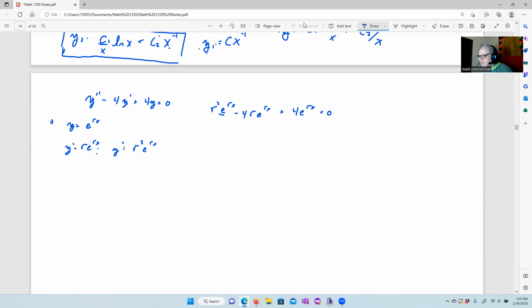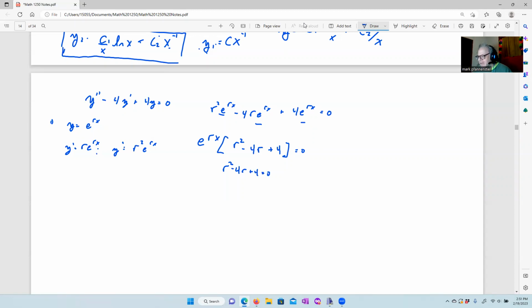We factor out the e to the rx from everybody, and what are we left with? We have r squared minus 4r plus 4 equals 0. Since e to the rx can never be 0, we're left with the other term.